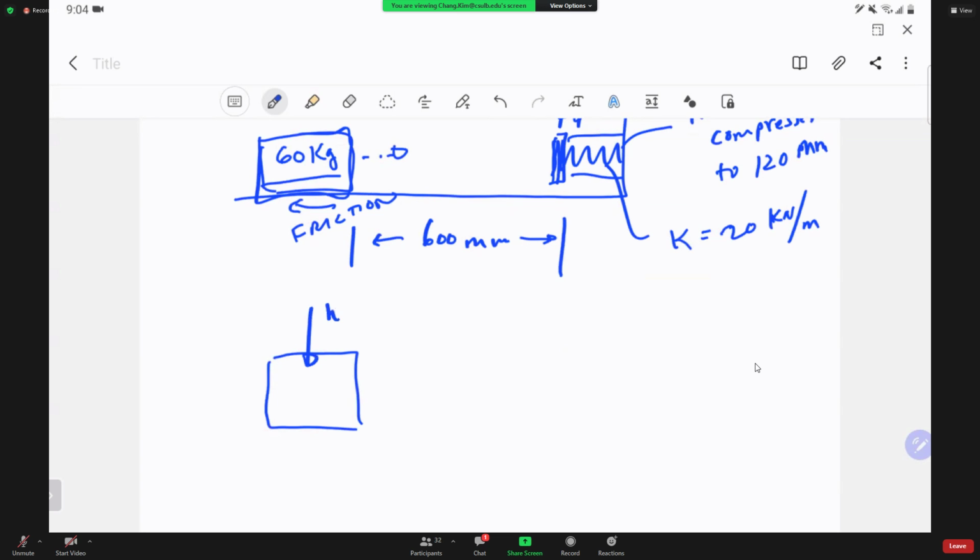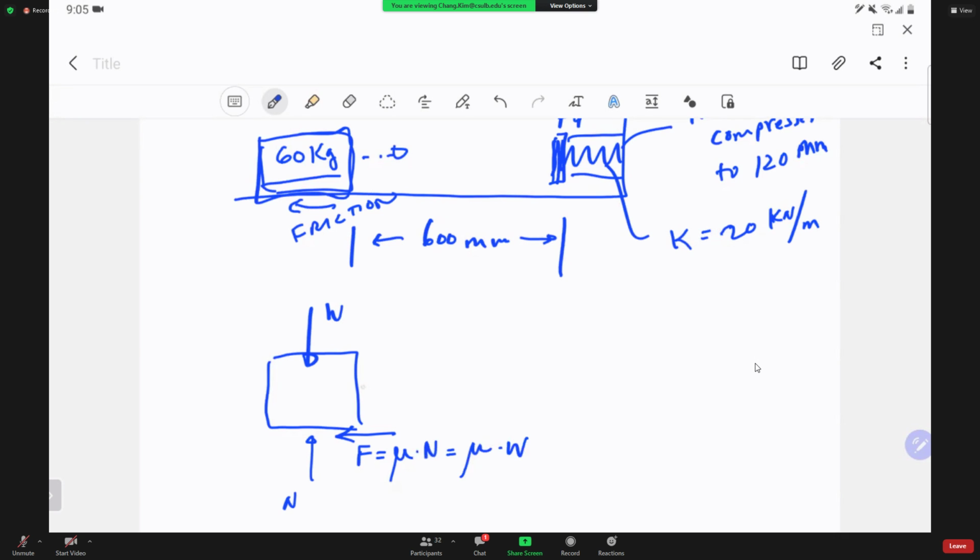Weight is there, and normal force will be present, and the friction force would be mu, the coefficient of friction, times the normal force. In this case, your normal force is nothing but the weight.